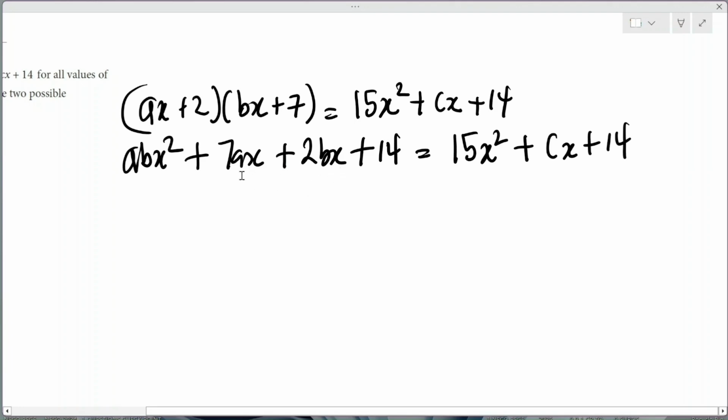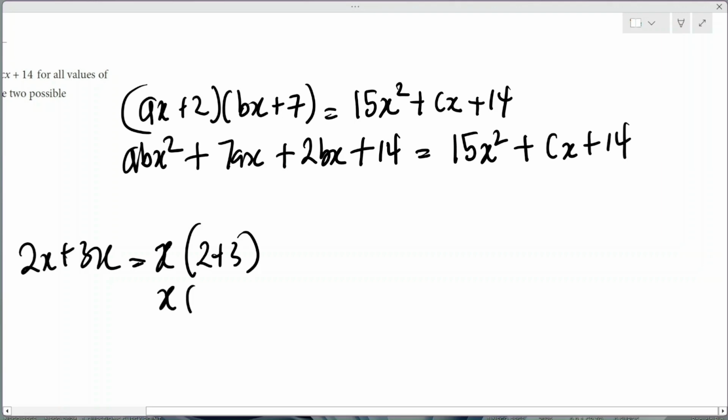But in this case, you see that they have x in common and you bring out x. When you have 2x plus 3x, x is common in both of them. You bring out x, then you'll be left with 2 plus 3, that's 5. You can write it as 5 in brackets x. Still the same thing. So here, these two are like terms, or they both have x's.